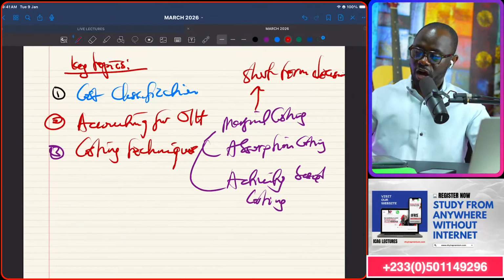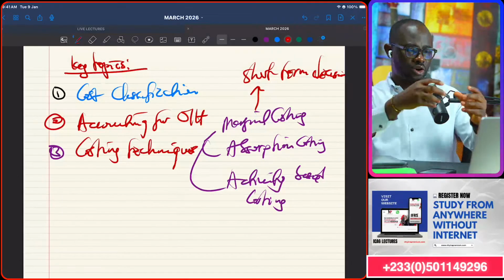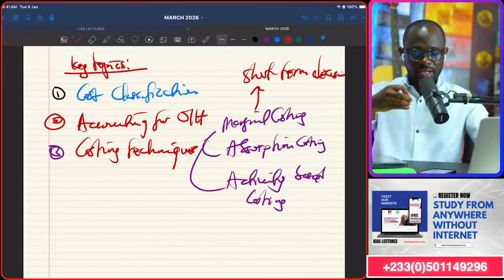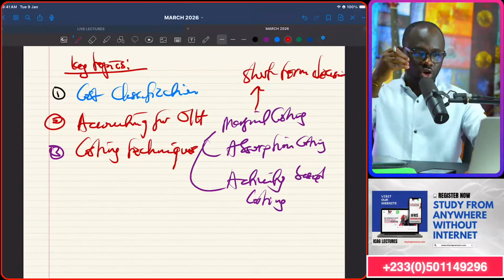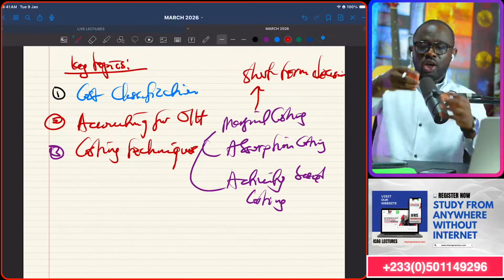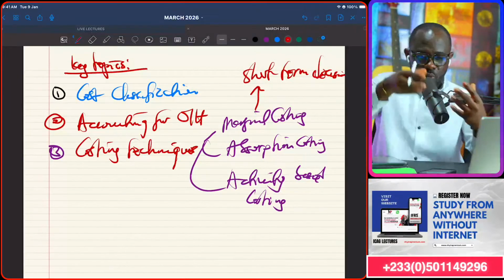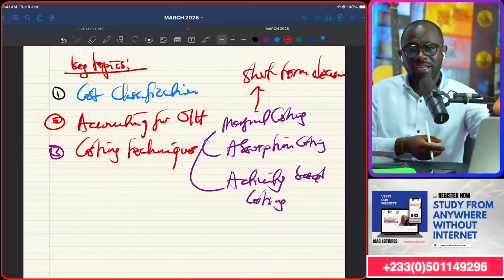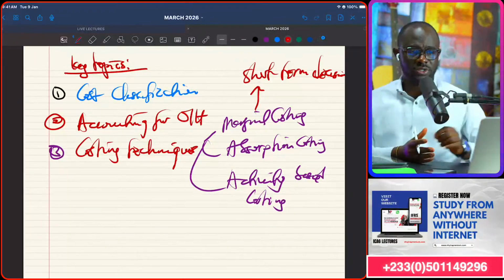So even if we don't have a dedicated question on marginal costing, your knowledge of the marginal costing will be applicable, will be called on in the question 5 area, short-term decision.